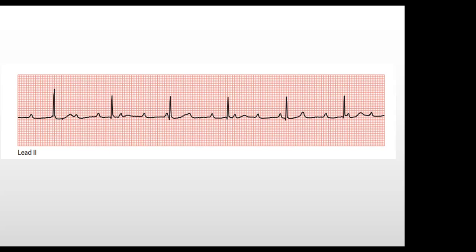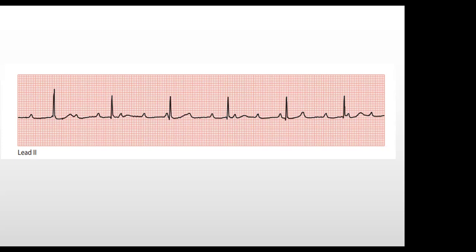Good, I think this is really straightforward. Like you said, the P waves are regular with regular QRS complexes, which are independent of each other, a kind of dissociation between the P wave and QRS complex.